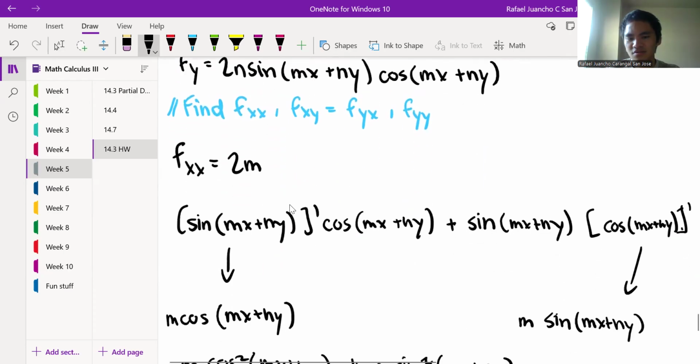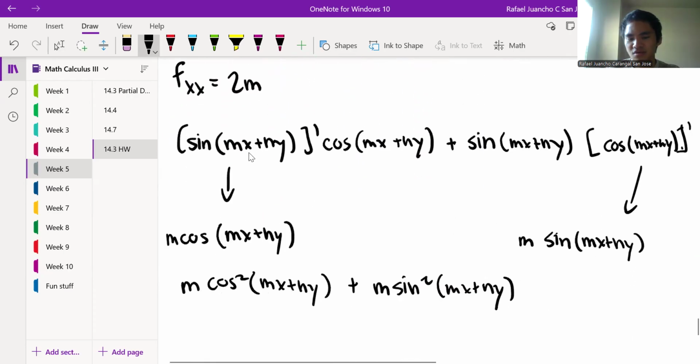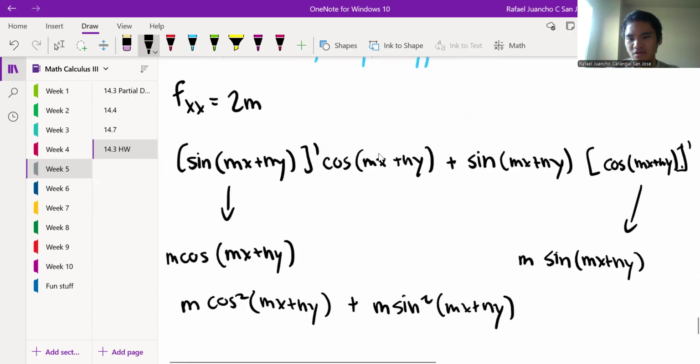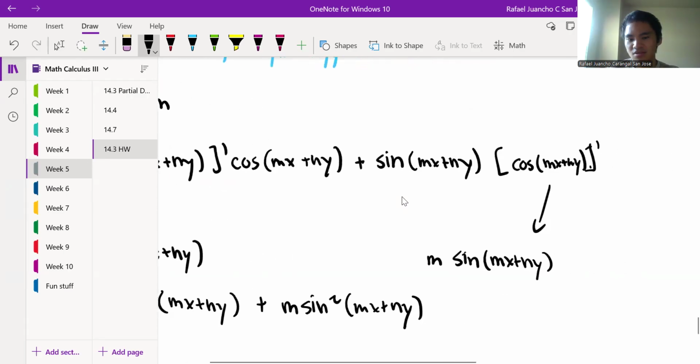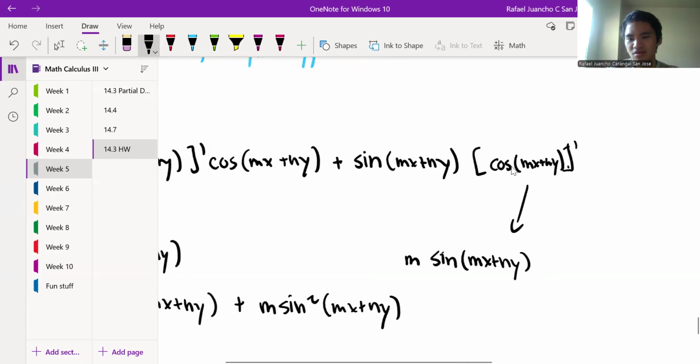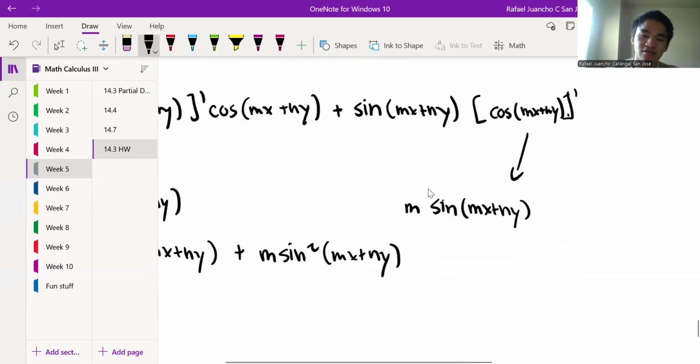Then I did a chain rule, so I computed. I get cosine, I get m cosine, and then this. So I just combine them, I get this. And then sine, and then here I get, oh, I get minus sine here. My bad. So I get minus.